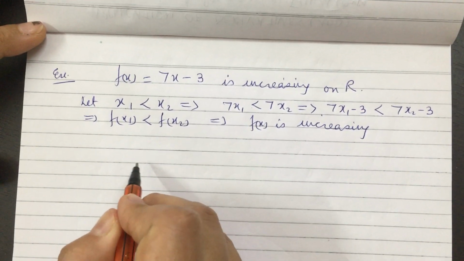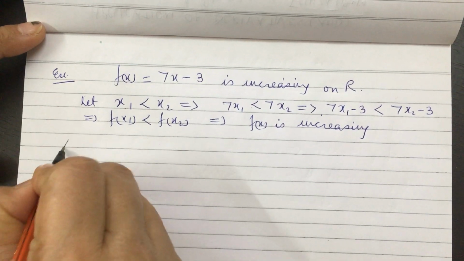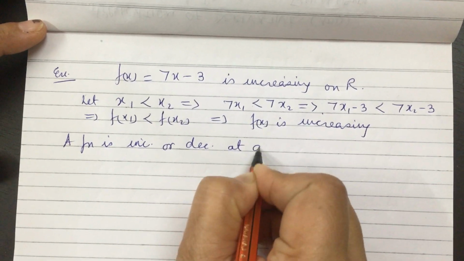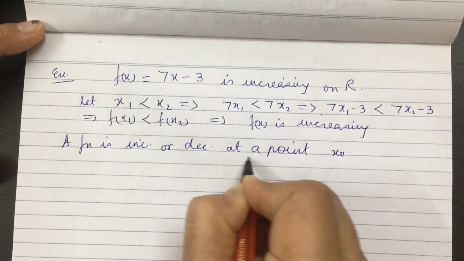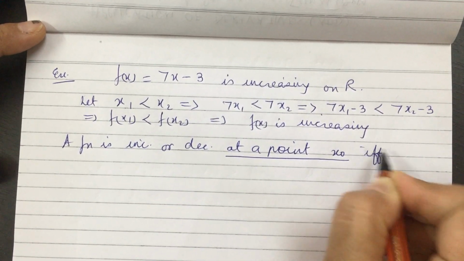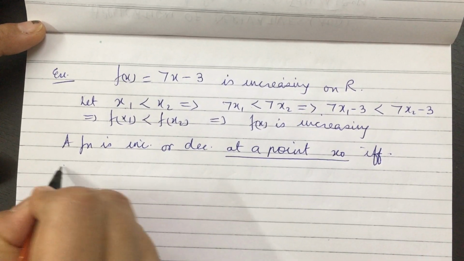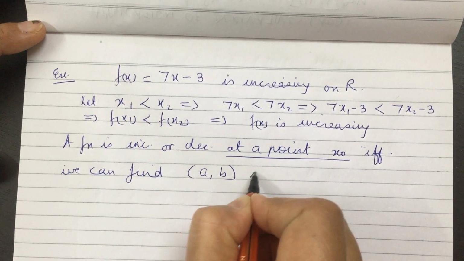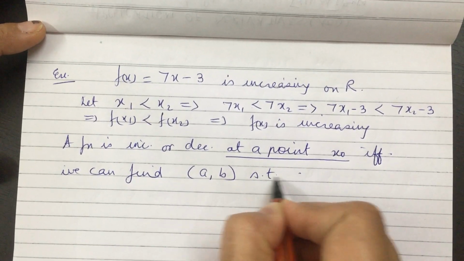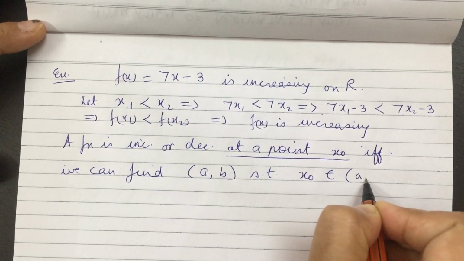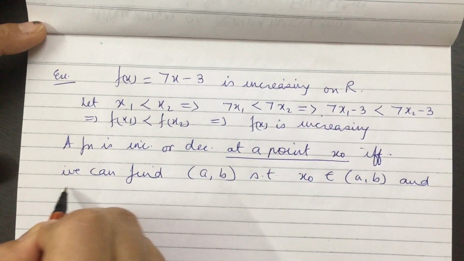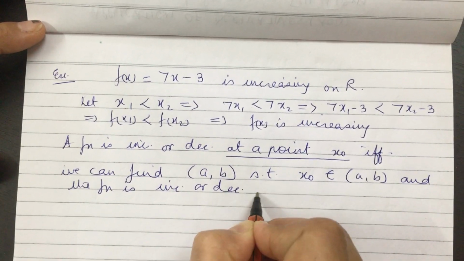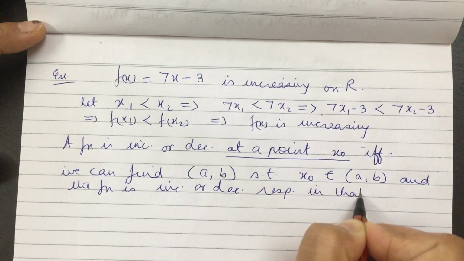Okay, now in order to find whether a function is increasing or decreasing at a point, let's say x0, if and only if we can find an open interval AB such that x0 belongs to that interval and the function is increasing or decreasing respectively in that interval.